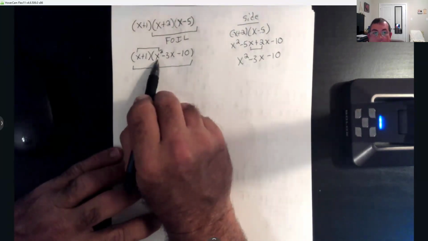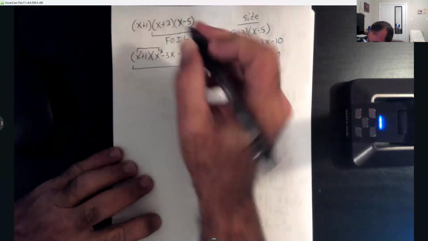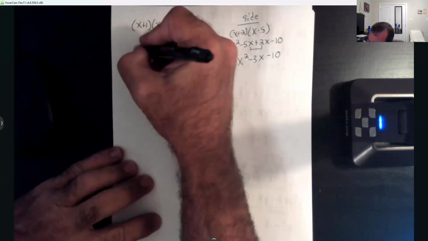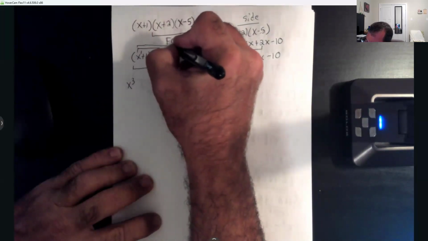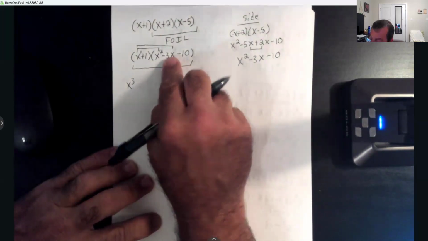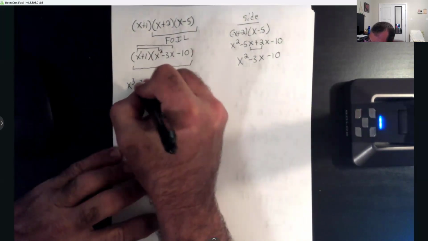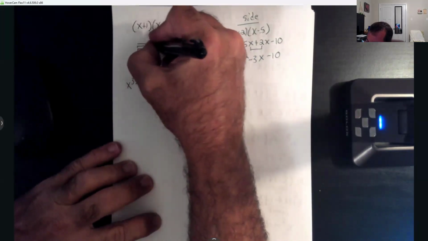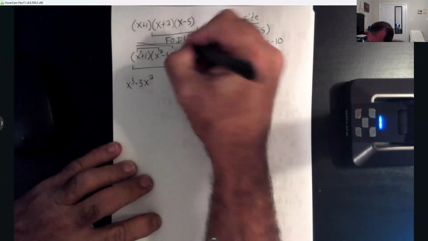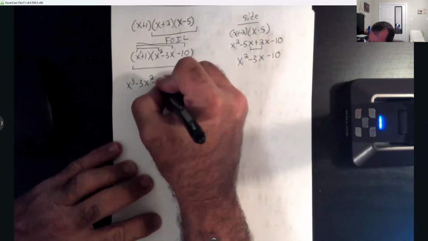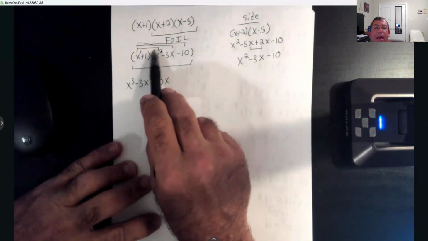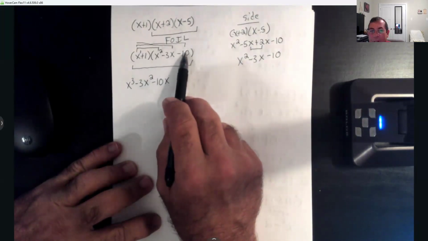X times x squared, add exponents, 1 plus 2 gives me an x to the third. Then that x times that -3x gives me a -3x squared. Then this x times this -10 is a -10x. So you distribute the x times all 3 of these.